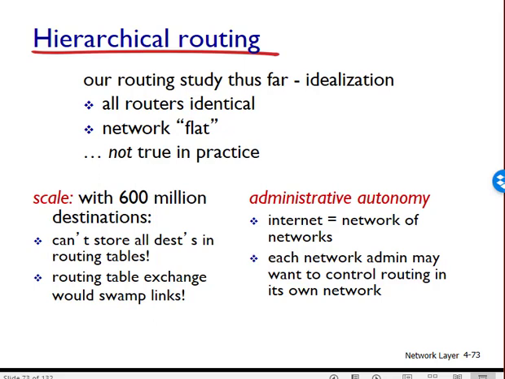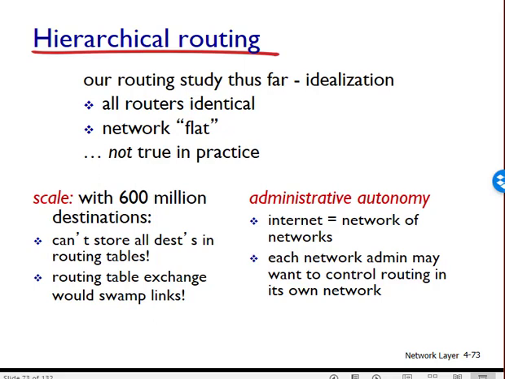Scale becomes a problem. As the number of routers becomes large, the overhead involved in computing, storing, and communicating routing information, such as link state updates or least cost path changes, becomes prohibitive. The Internet consists of hundreds of millions of hosts. Storing routing information at each of these hosts would clearly require enormous amounts of memory.